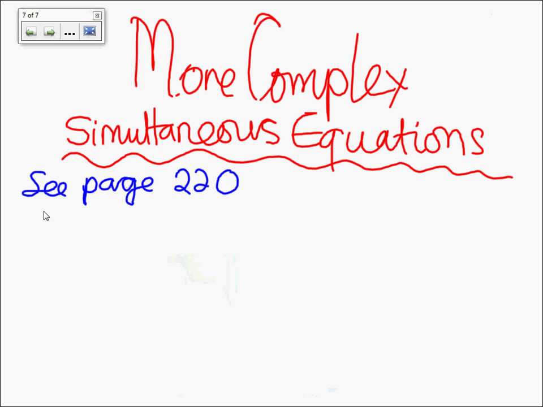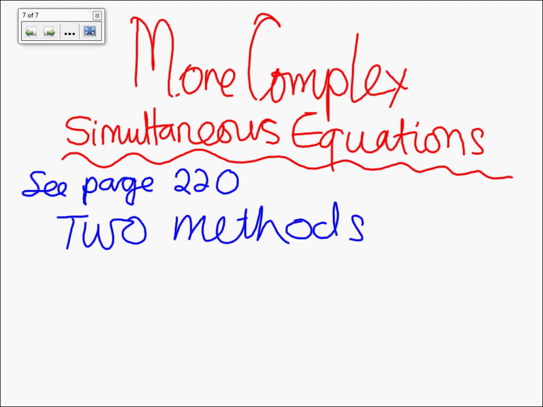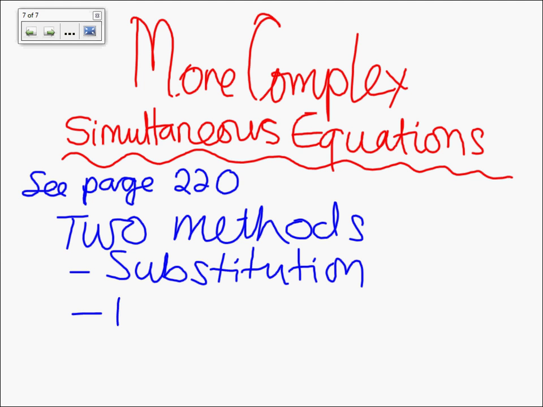I will use two basic understandings that we're going to look at in every one of these. Bear in mind, two methods can be used very commonly: the substitution method and also what we call the elimination method.